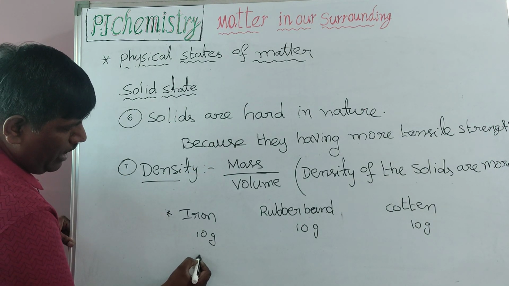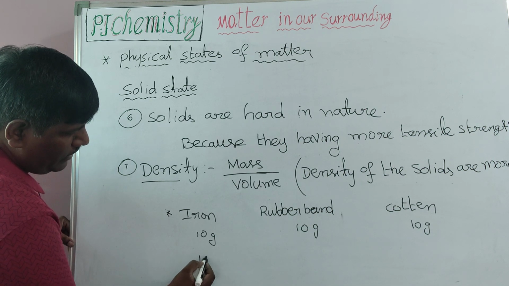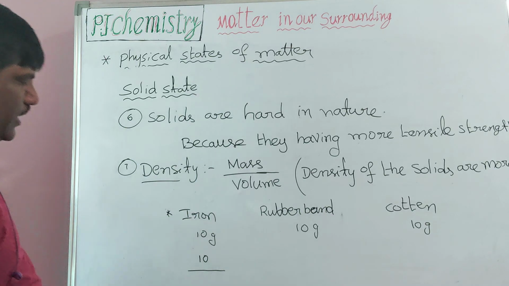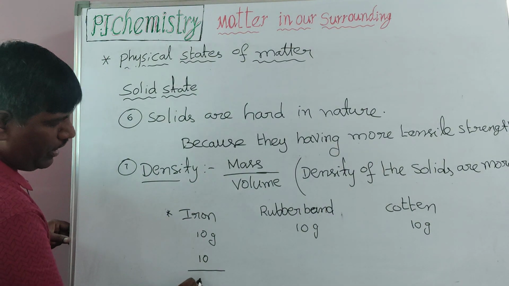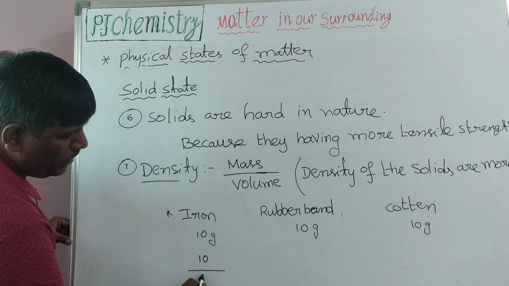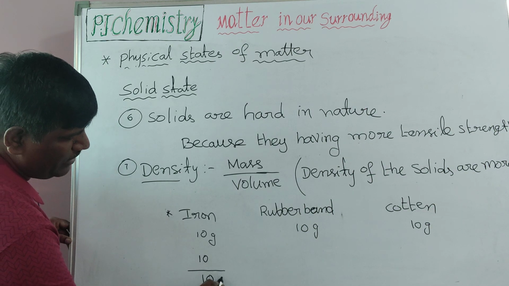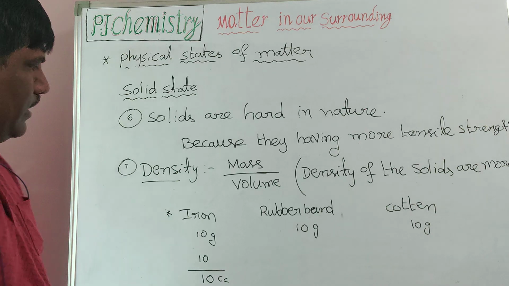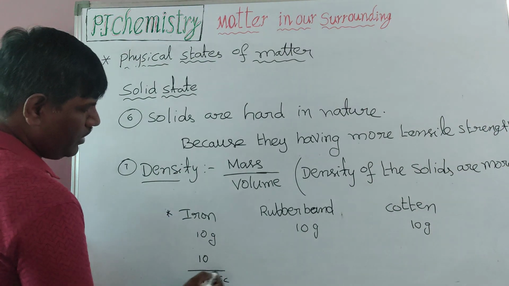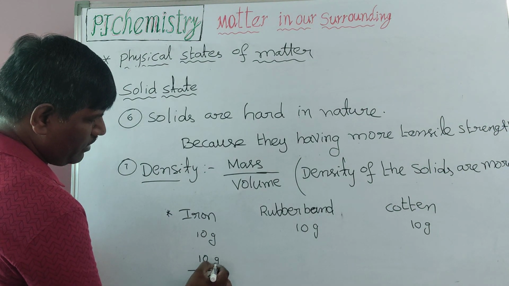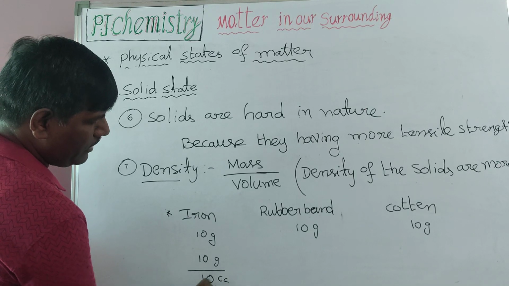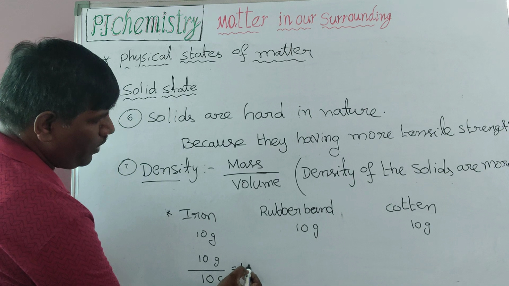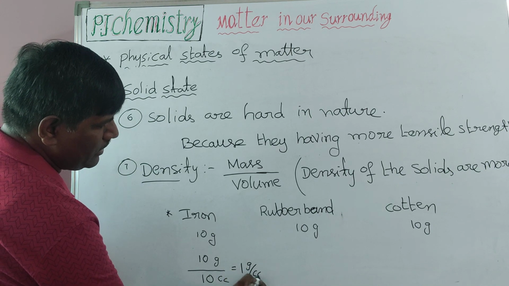Here, the iron mass is 10 grams, and it occupies a volume of only 10 cc, 10 cubic centimeters. So 10 grams by 10 cc is equal to 1 gram per cc.